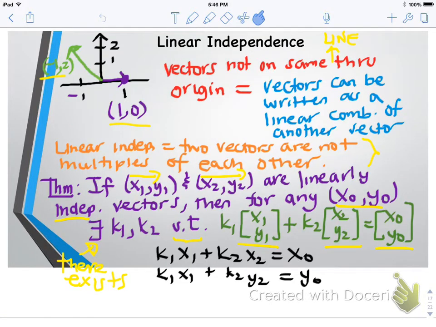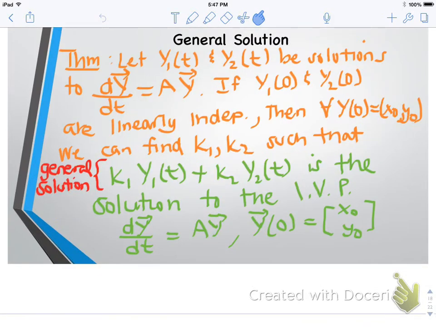So don't get too intimidated with all the letters. That's what we just showed in that example. All right, so now let's think about the general solution.